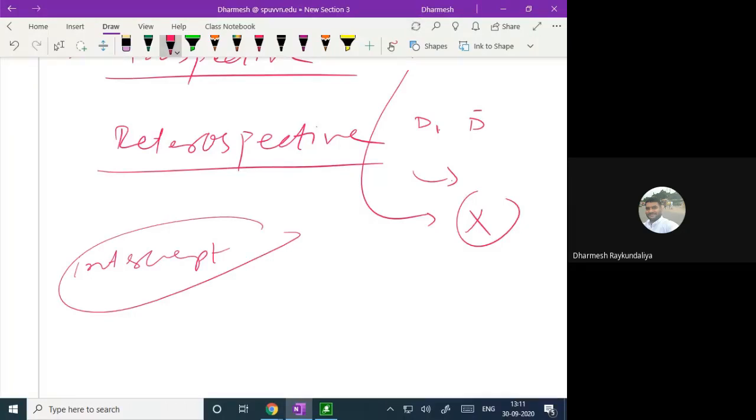A prospective study requires a larger sample size and a long time to follow up, and a lot of cost is associated with it. In a retrospective study, you already have the group of people who have the disease, so that data is already available, and from the case history you try to identify what kind of exposure the individual got. So a retrospective study is sometimes easier compared to a prospective study.